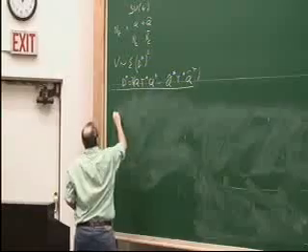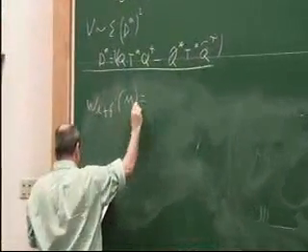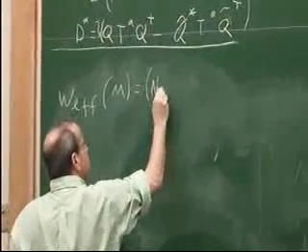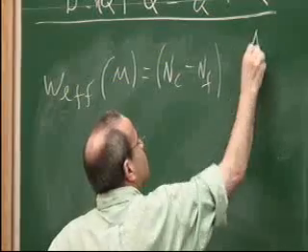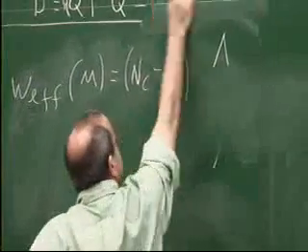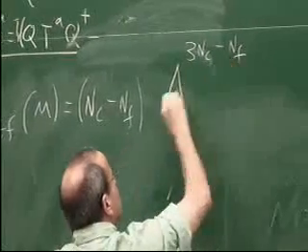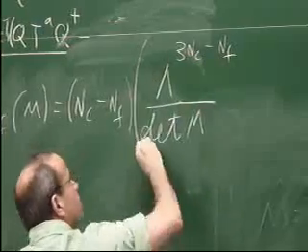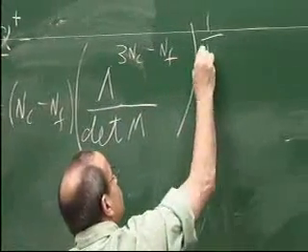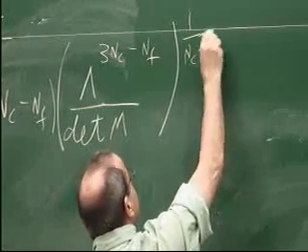So W effective of M turns out to be NC minus NF lambda to the 3NC minus NF over the determinant of M, all this raised to the power 1 over NC minus NF.